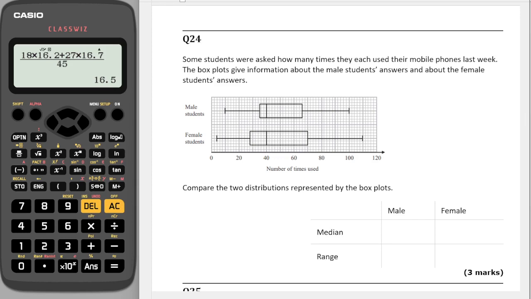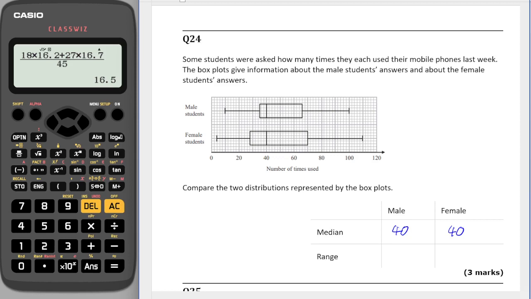So the median for the males is looking at 40, and so is the median for the females. The range for the males, actually, I'd consider looking at the interquartile range. So the range, I'll add that on.